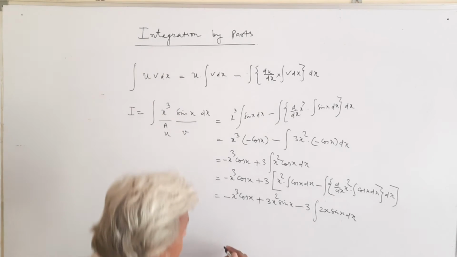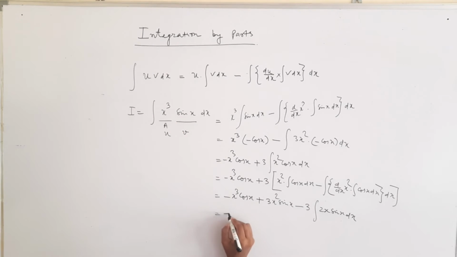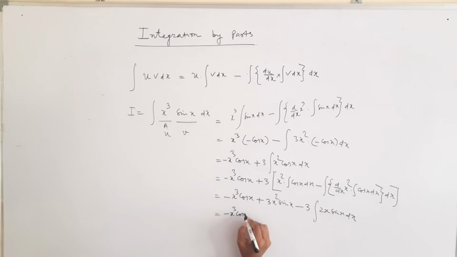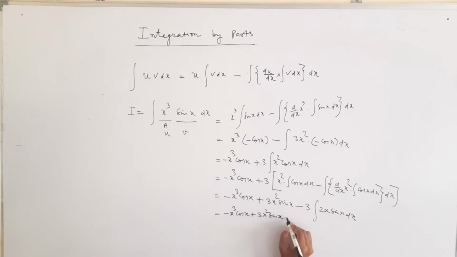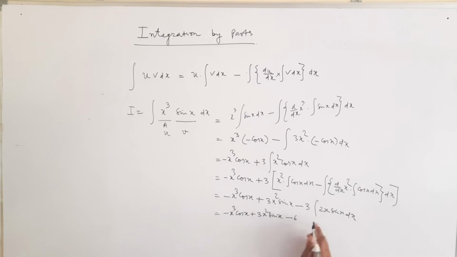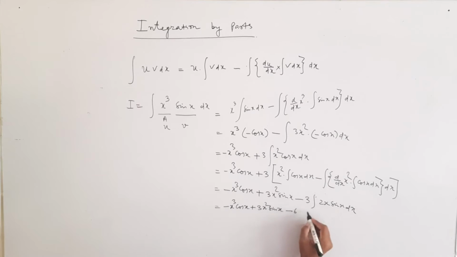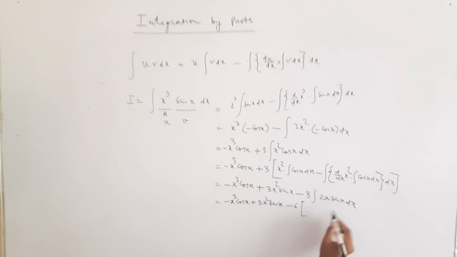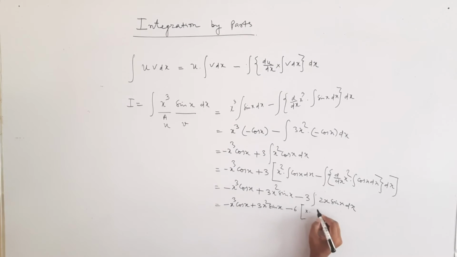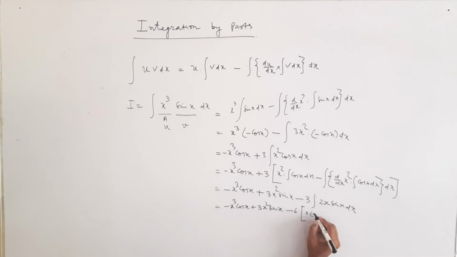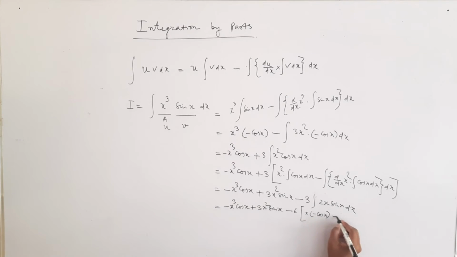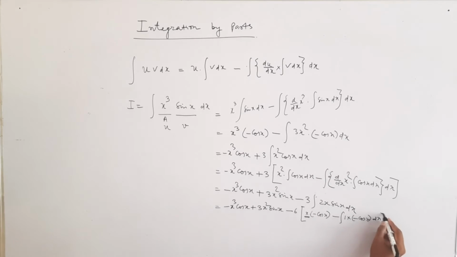So it goes like this: this is minus x cube cos x plus 3x square sin x minus 3 times 2, and let me make this one smaller, then integration of x sin x, keep x unchanged, and integration of sin x I can write directly as minus cos x minus integration of differentiation of x, that is 1, into integration of sin x, that is minus cos x dx.